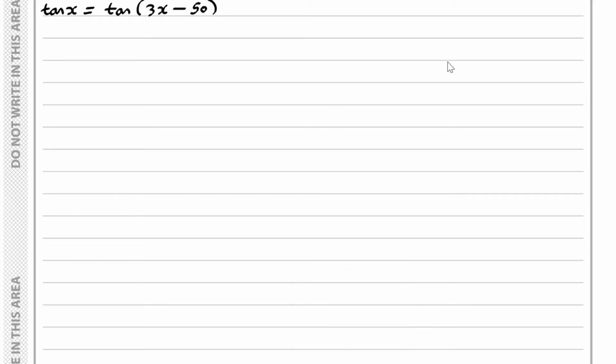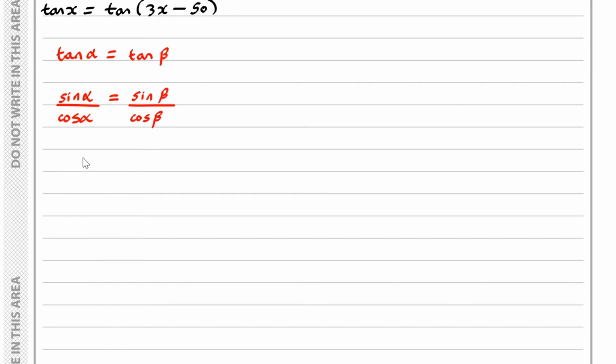Now over here, if we have tan of alpha equaling tan of beta, we can find out the general solution of an equation in this form. Of course, alpha, that's x, beta, that's 3x minus 50. But to solve an equation in this form, we have to rewrite this as sine alpha over cos alpha, and this is equal to sine beta over cos beta.